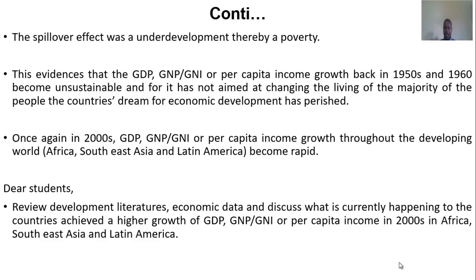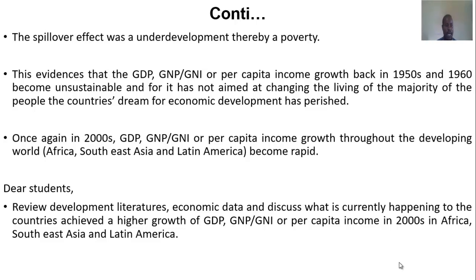Later on, it even started to evaporate from the hands of the wealthy people. Even the wealthy people started to lose their wealth and resources. So growth in terms of GDP is not a guarantee for economic development.